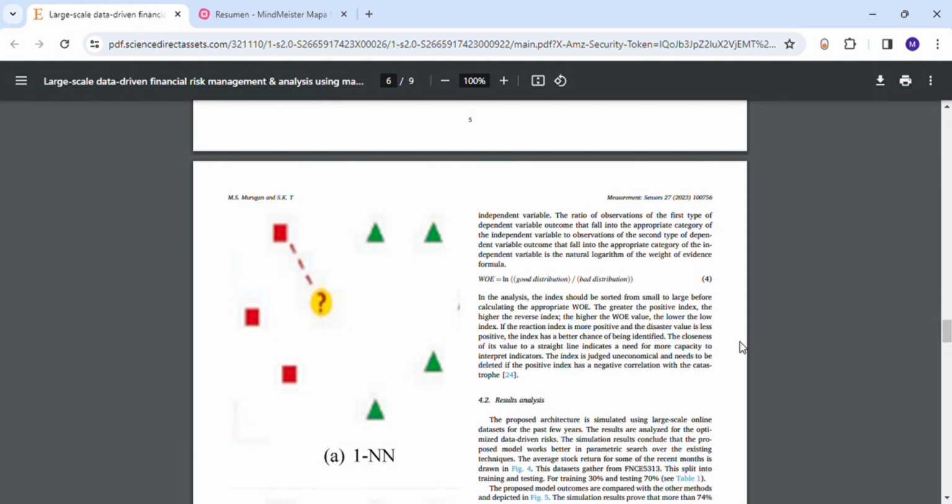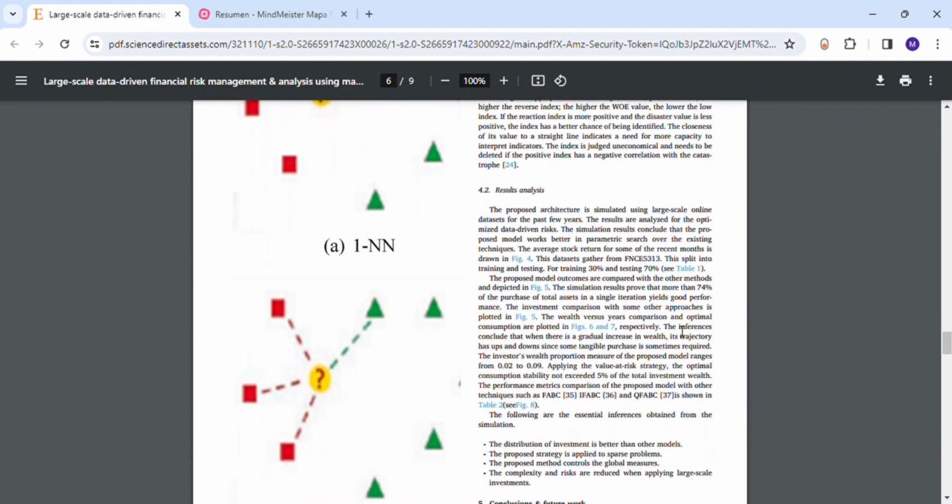The closeness of its value to a straight line indicates a need for more capacity to interpret indicators. The index is judged on economics and needs to be deleted if the positive index has a negative correlation with the catastrophe.